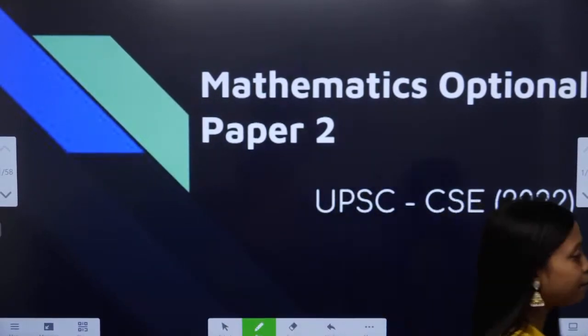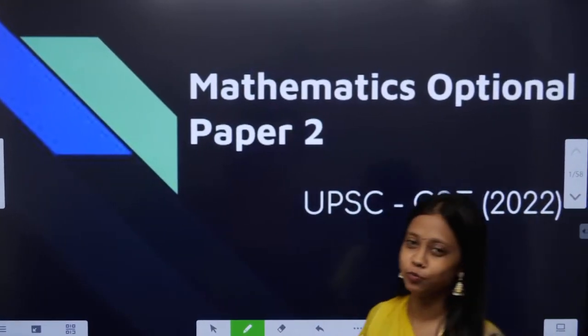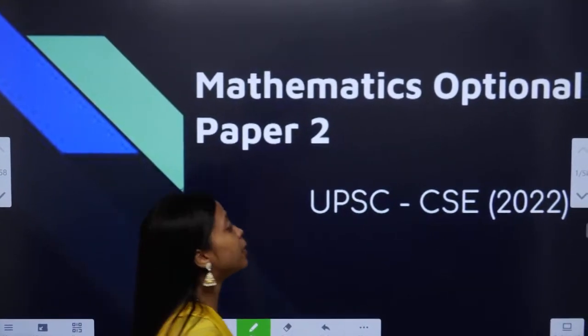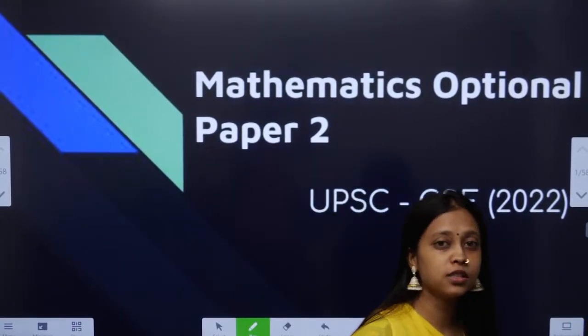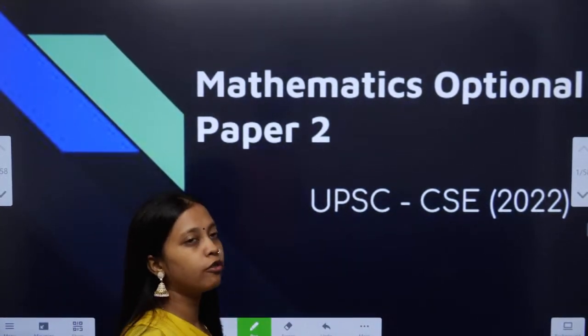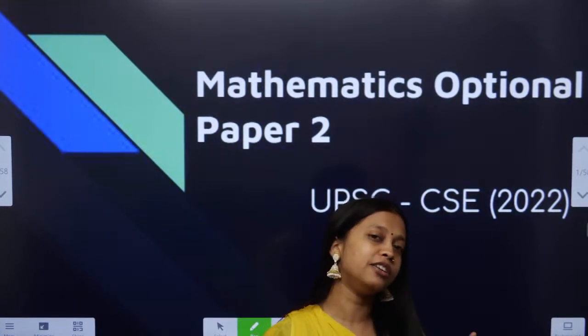So usually, paper 1 and paper 2, the syllabus of paper 2 is much vast, right? Even if you look closely at the syllabus of calculus and real analysis, you will find a difference over there.